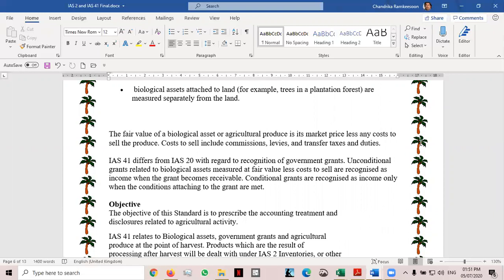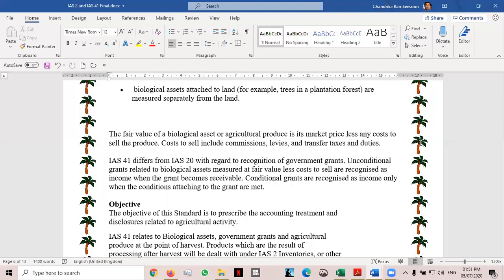IAS 41 differs from IAS 20 with regard to recognition of government grants. Remember, government grants we looked at under IAS 20. Unconditional grants related to biological assets measured at fair value less cost to sell are recognized as income when the grant becomes receivable.